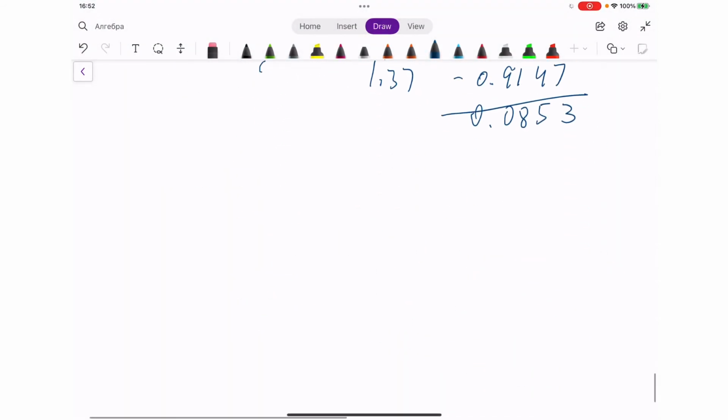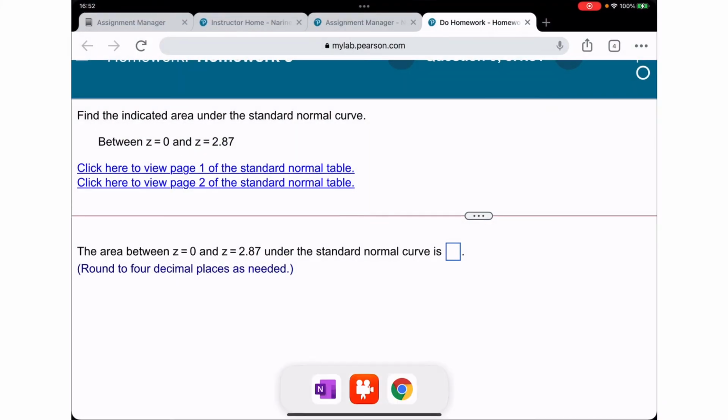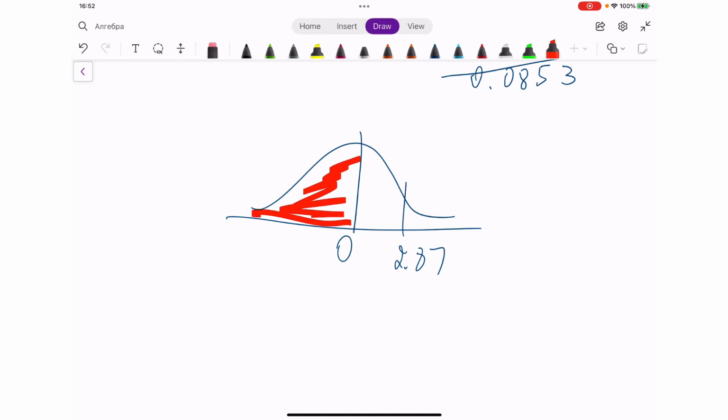When we need to find the area between 0 and 2.87, I'm going to find the score to the left for 0, and then I will find the score to the left for 2.87.